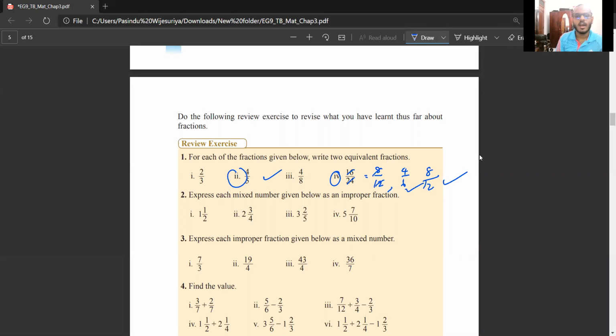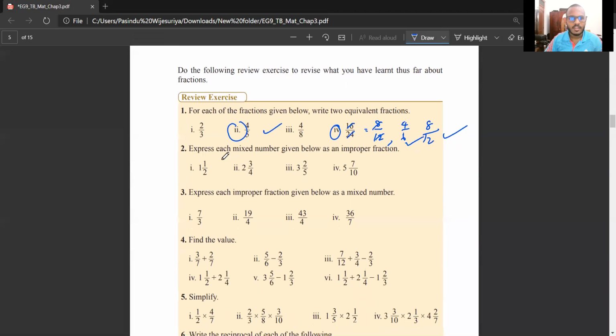Then done. Then express each number given below as an improper fraction. I will do the second one and the fourth one. The second one: this 3 over 4 represents a circle with 4 parts and 1, 2, 3. The 2 represents that there are 2 whole circles like this.